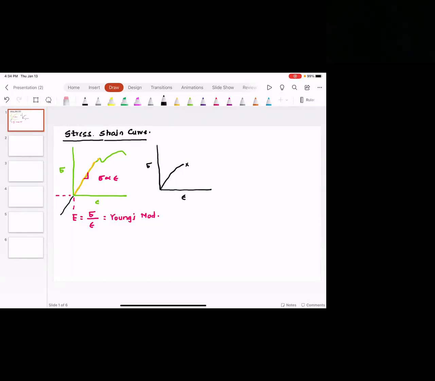Now, here is the question which I always ask my students. You have studied stress strain curve in tension. Have you seen stress strain curve in compression?